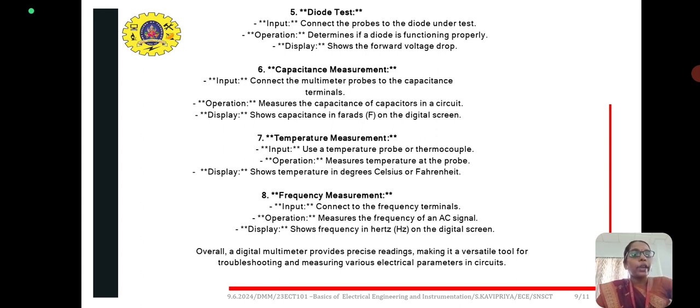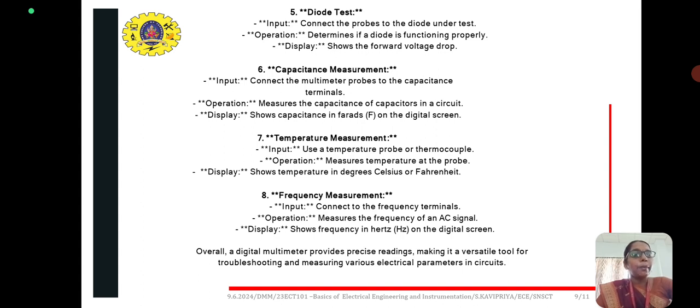Next, for capacitance measurement, we connect the multimeter probes to the capacitance terminal. It measures the capacitance of the capacitor in the circuit and displays the capacitance value in farads on the digital screen. For temperature measurement, we use a temperature probe or thermocouple.